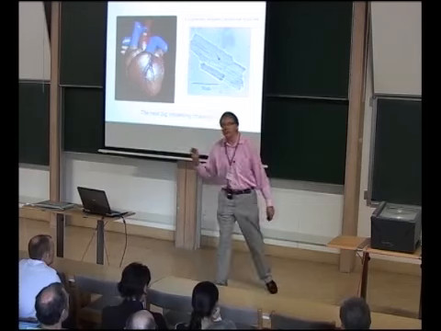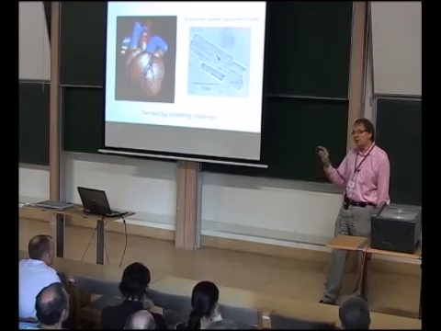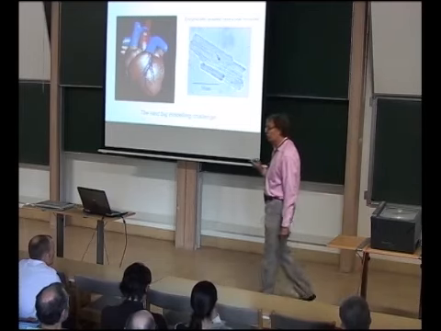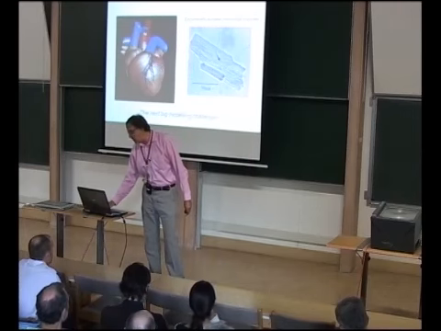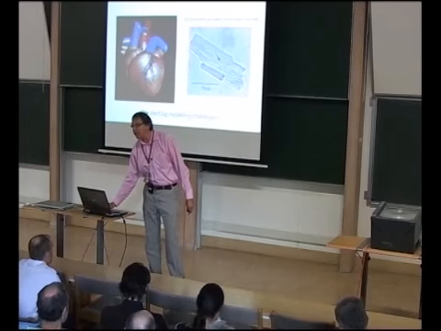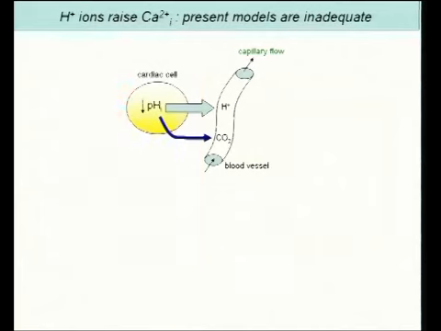And what I'm going to show you is not a quantitative model. What I'm going to show you is that the models that we've developed so far for the effects of acid on calcium signaling are either wrong or incomplete. There are a number of elements that we've ignored which are of immense importance. And a number of these have been staring us in the face. A number of others have only emerged when we've started to look at spatial diffusive properties of proton movement.